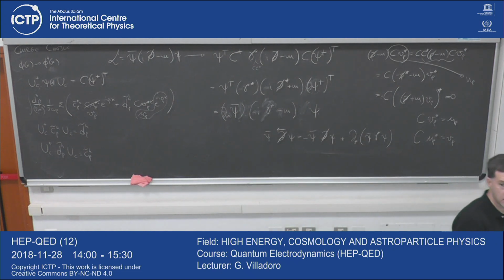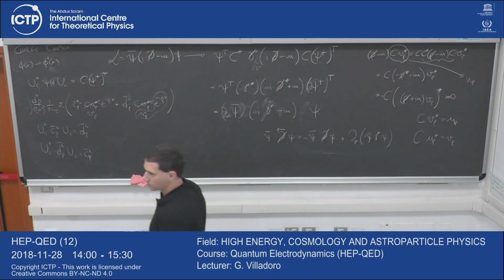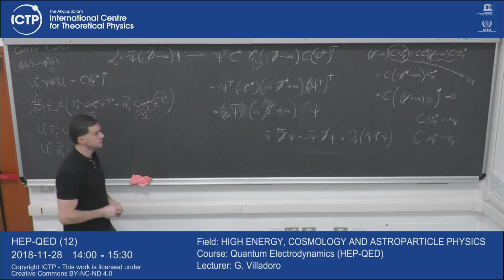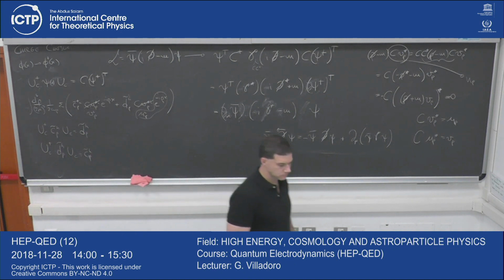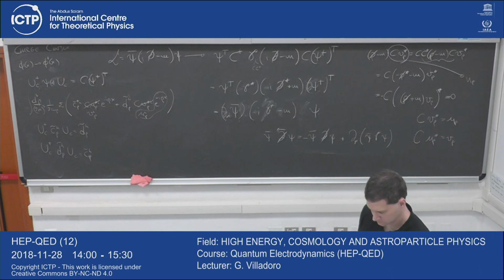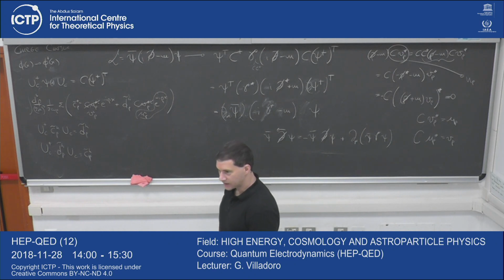So you just convert a state made of some number of particles and antiparticles into the same state, but you exchange particle and antiparticle. The charge operator also switches sign, right? Yes.